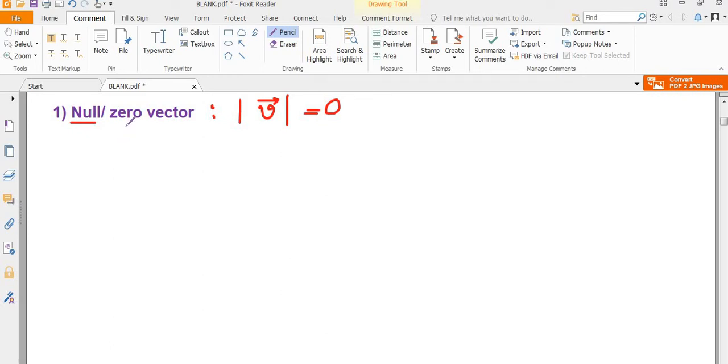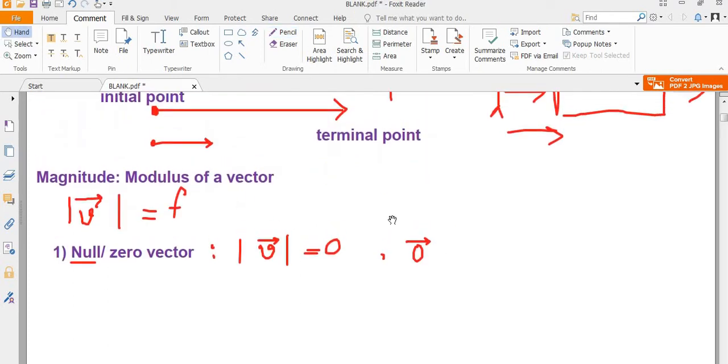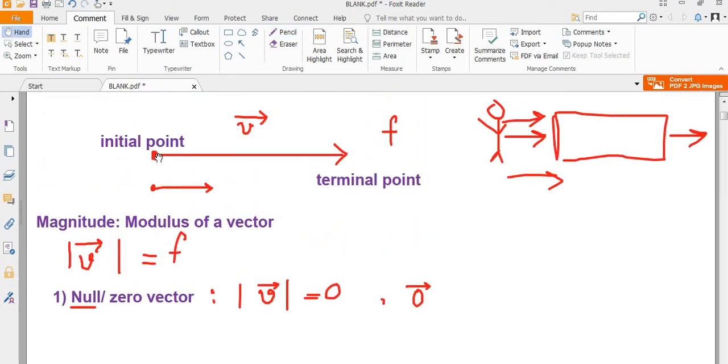Now what are the peculiarities of this vector? Since it's 0, it can also be represented by the zero vector symbol as such. That is writing down the zero vector mathematically. The peculiar thing about the zero vector is that since it's 0, the vector did not move.